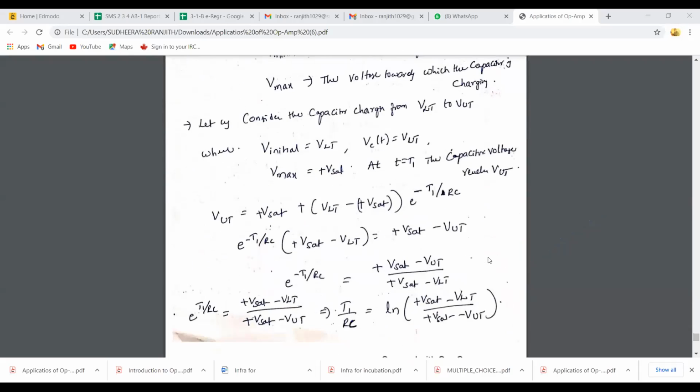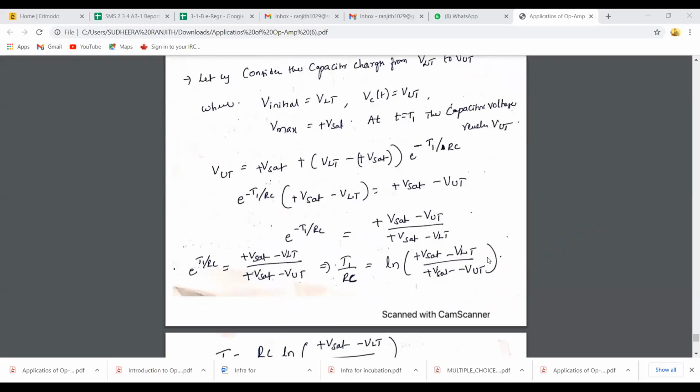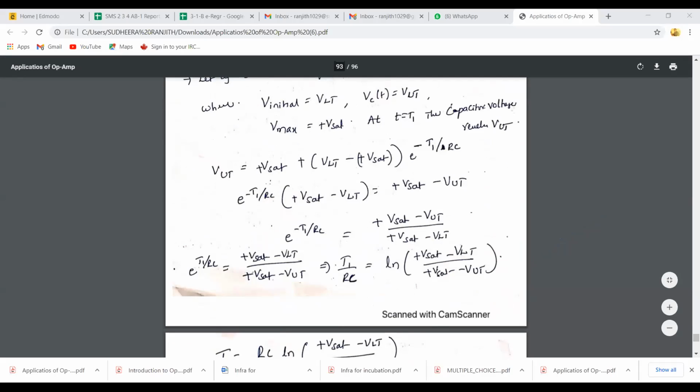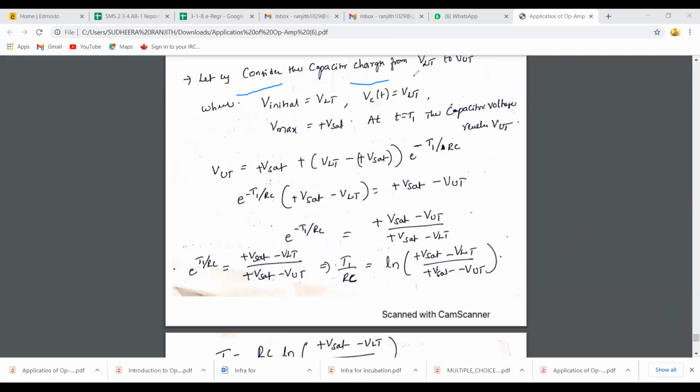So first, let us consider the capacitor charging from VLT to VUT.